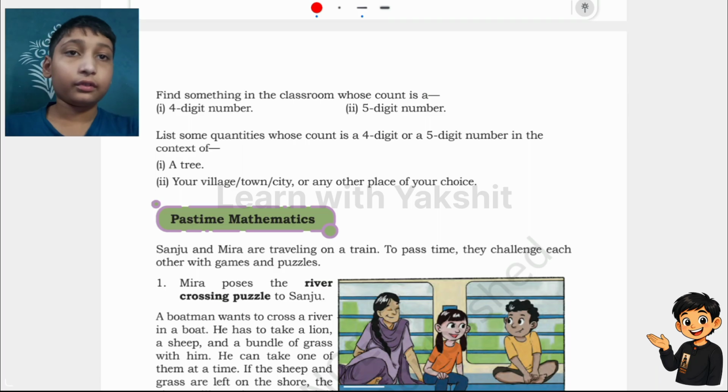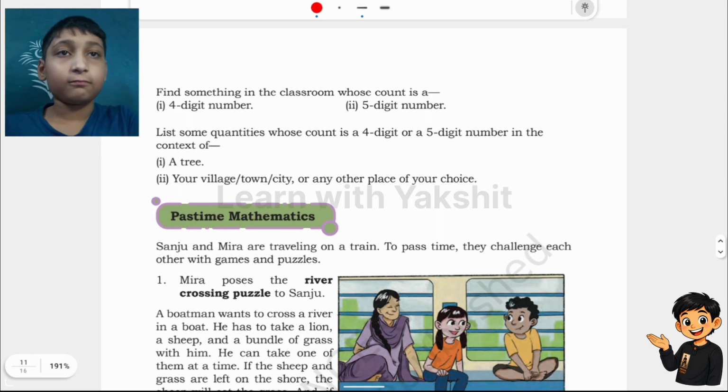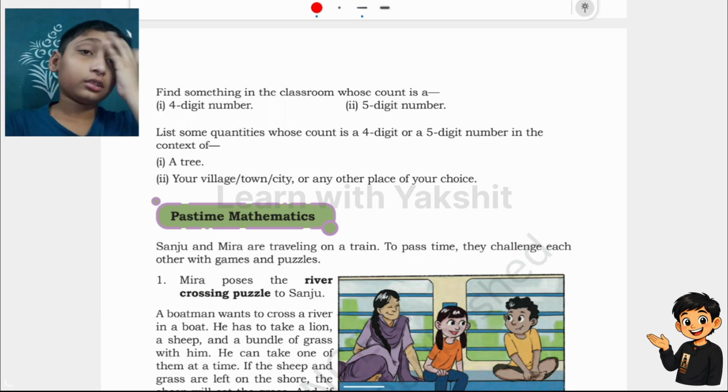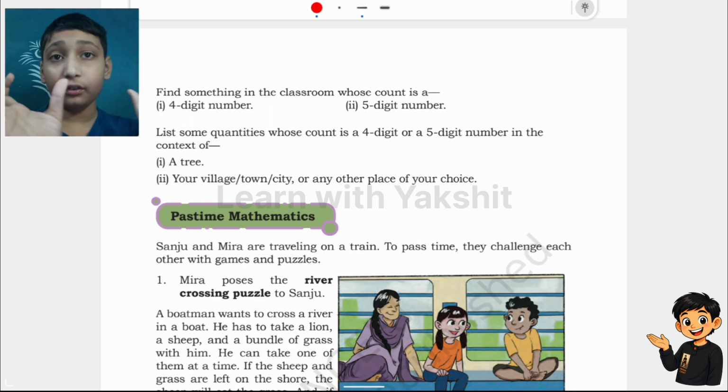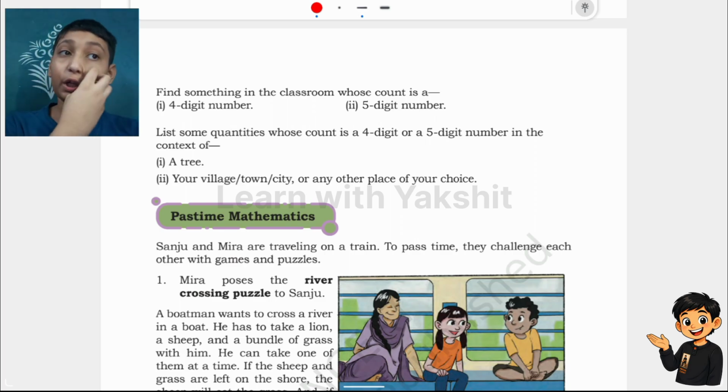Now, in this, you have to list the quantities whose count is a 4-digit or a 5-digit number. The context of one: a tree. I'm firstly going to write the 4-digit and then the 5-digit using a comma.